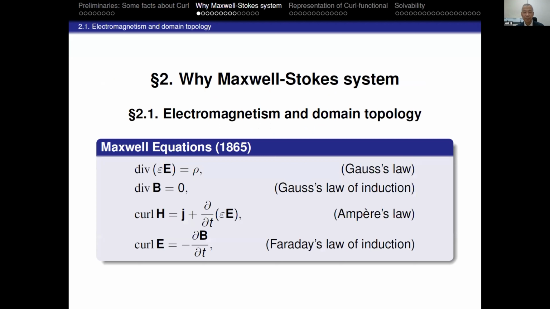Okay, now we go to part 2, why we need a Maxwell-Stokes system. Let me start with the classical form of Maxwell equations. And here, E denotes the electric field, B is the magnetic induction, H is the magnetic field, and J is the electric current density.